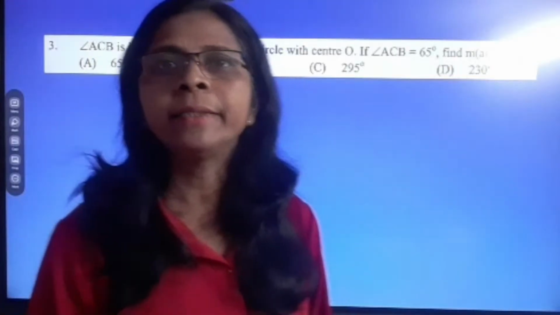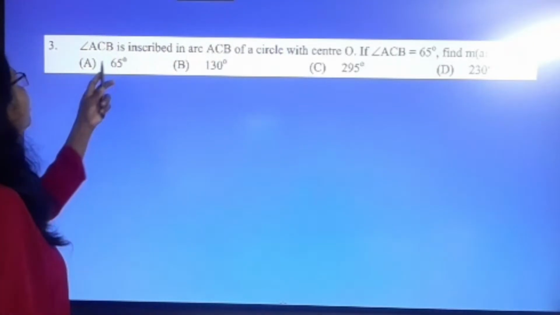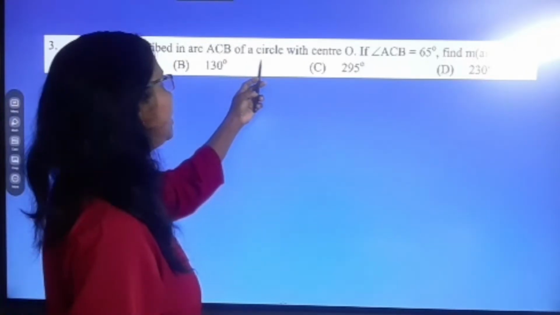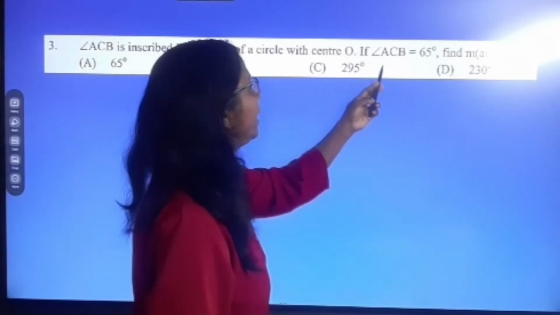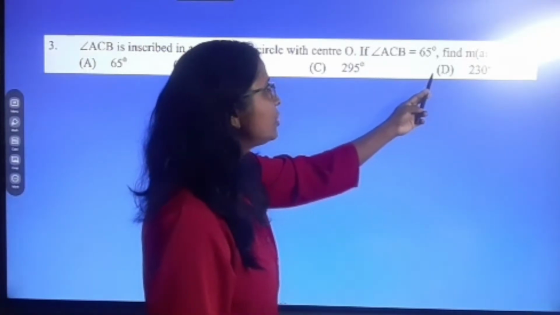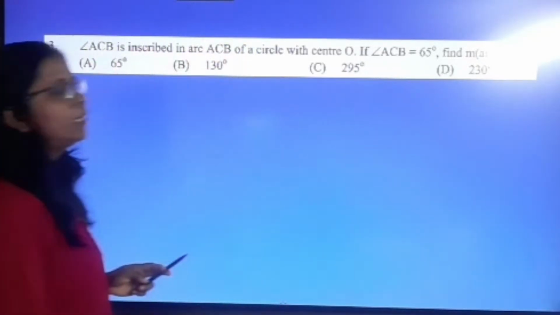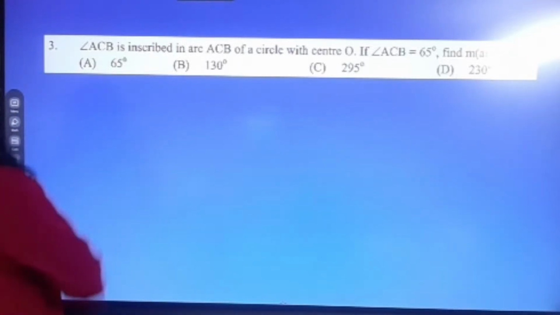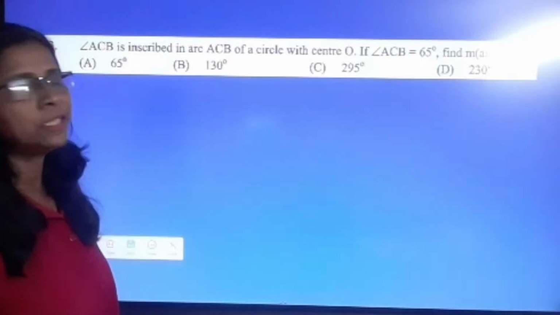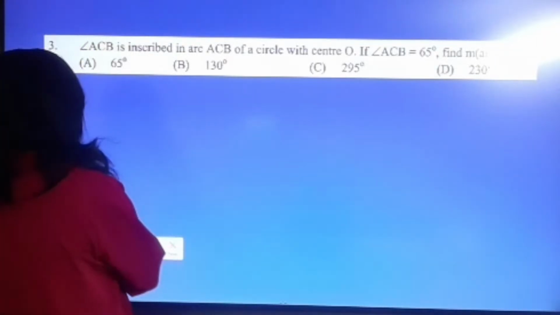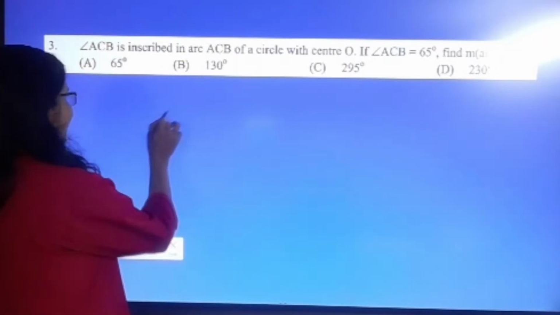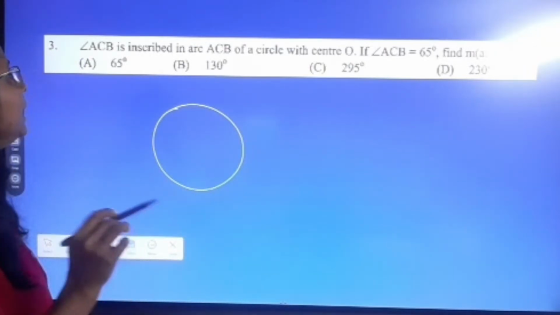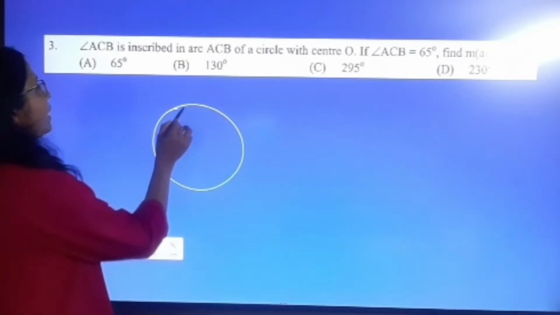The next one is: angle ACB is inscribed in an arc ACB of a circle with center O. If angle ACB is equal to 65, find major arc ACB. So now here students, we can draw the figure. If we draw the figure, there is a circle and the angle ACB is inscribed in an arc ACB.